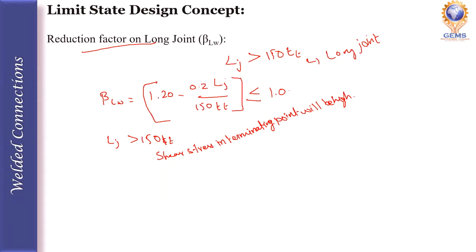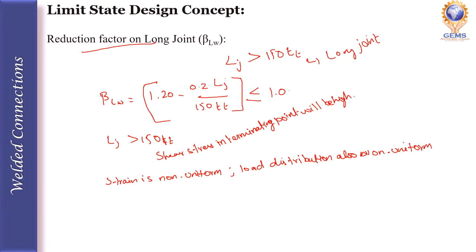If the shear stress is high, strain will not be uniform. Once the strain is non-uniform, the load distribution is also non-uniform. We need a uniform distribution.